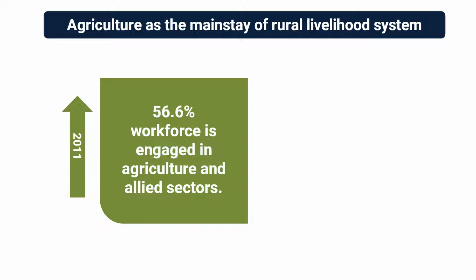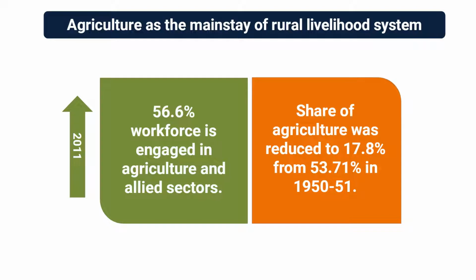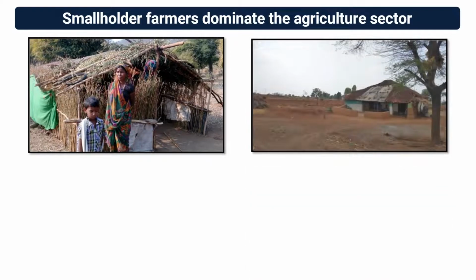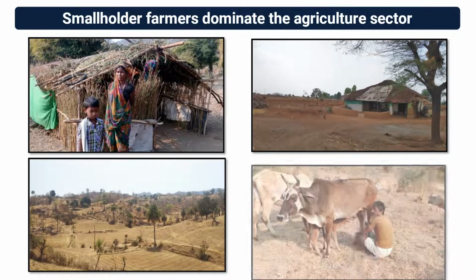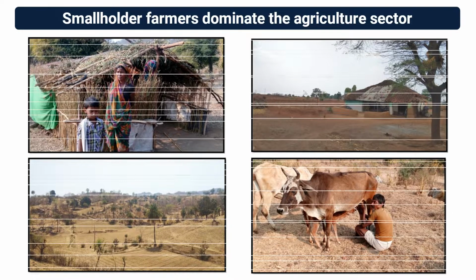Whereas the Economic Survey of 2020-21 highlights that the share of agriculture in the national economy has decreased from 53.71% in 1951 to 17.8% in 2019-20. Further, as per the agriculture census of 2015-16, the average land holding stands at 1.08 hectares per household.